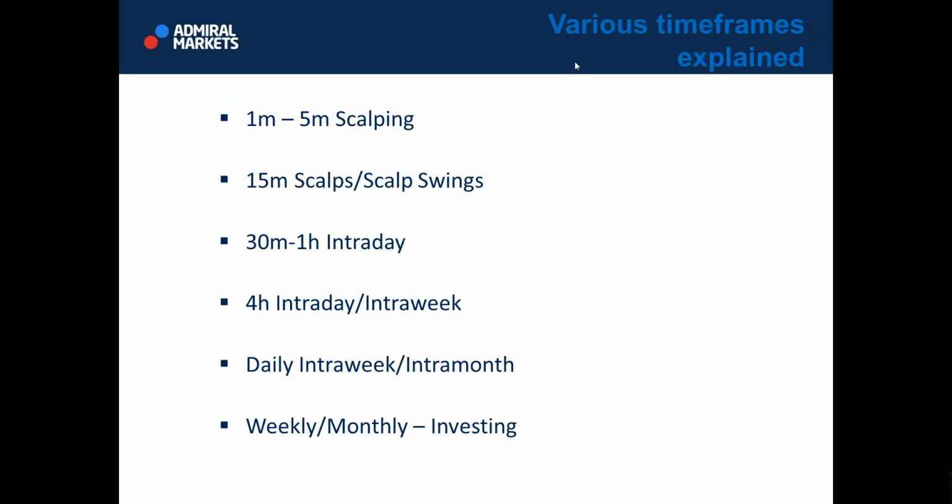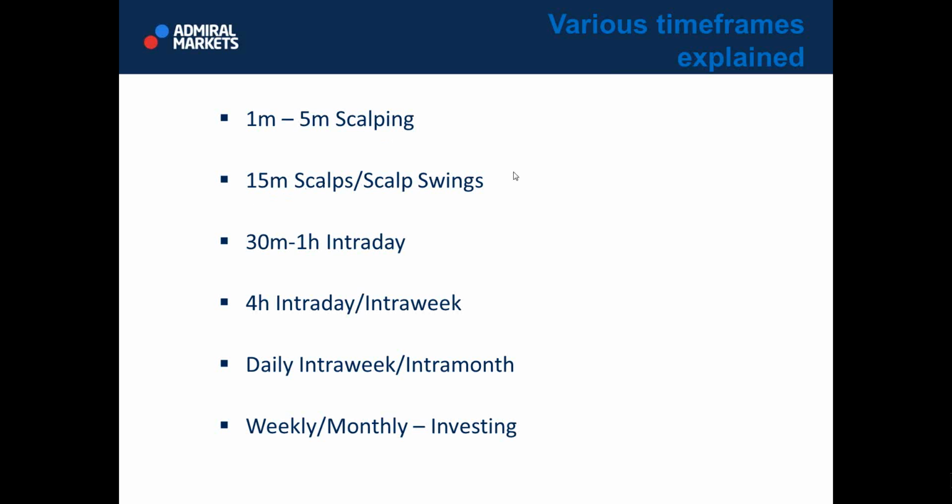Next, you all probably know that we use different time frames, and usually traders use different time frames for different trading styles. 1 minute to 5 minutes is usually the scalping time frame. Traders exploit fast movements of these 2 time frames to get in the position quickly and get out of the position sometimes even more quickly. 15 minutes is usually a scalp swing template.